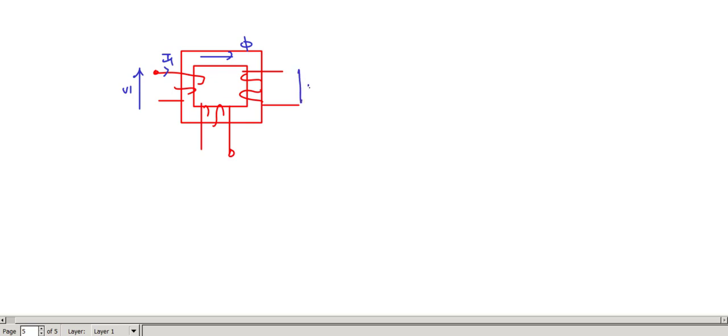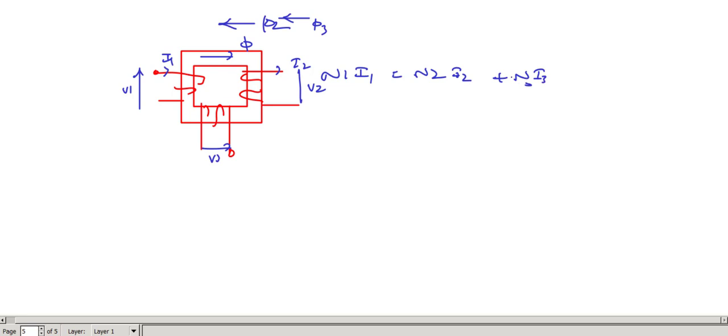Similarly it has V2 I2, which produces a flux phi 2 opposite to that. Similarly V3 I3 produces a flux phi 3 opposite. So you have the MMF balance N1 I1 equal to N2 I2 plus N3 I3. Similarly here it is 3 windings on a single phase transformer.